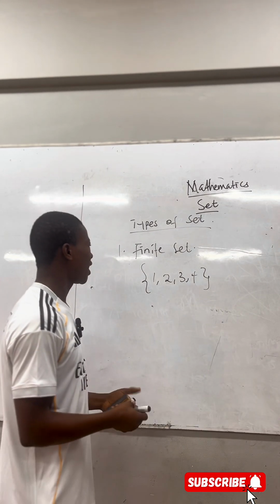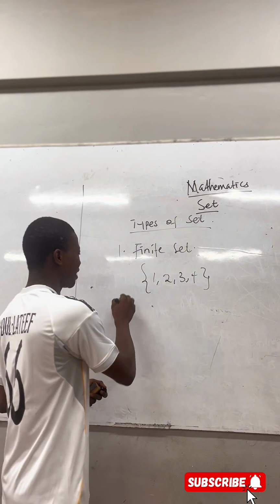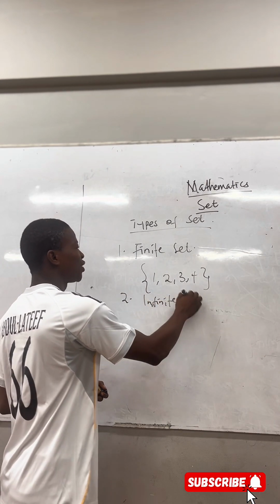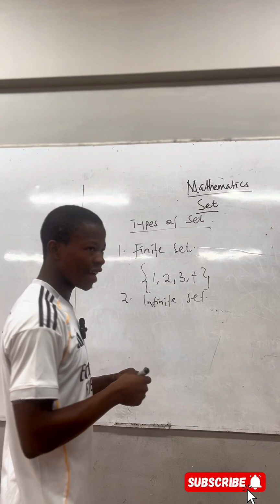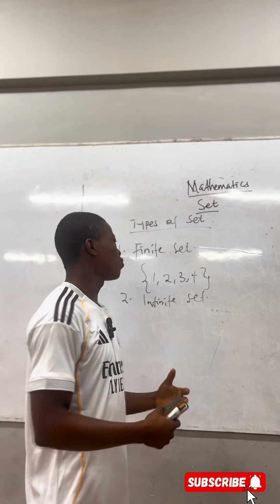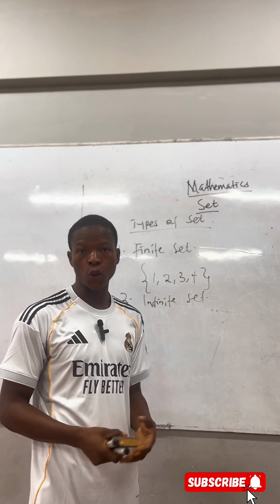Now let's pick another type of set: the infinite set. The opposite of a finite set is an infinite set. An infinite set is a type of set whose last element is not known.